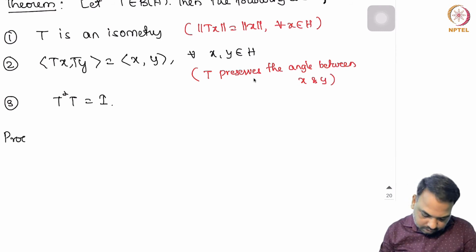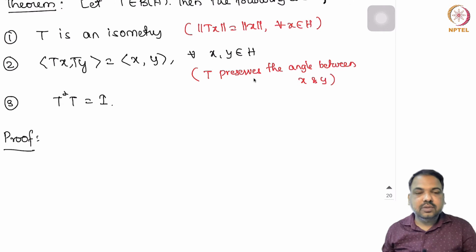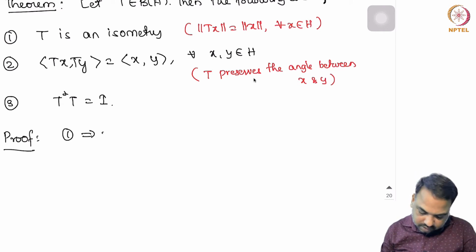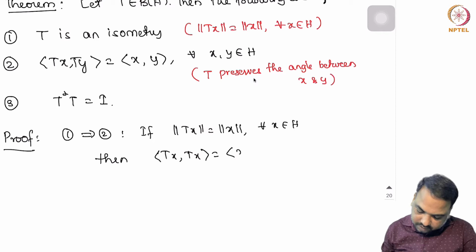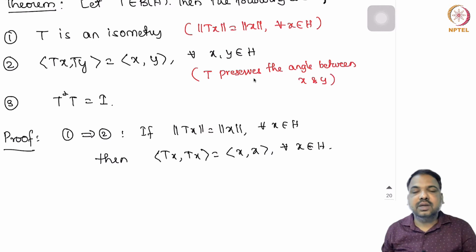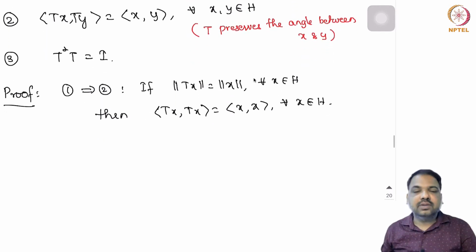Proof. Suppose T is an isometry. Let us try to prove 1 implies 2. If norm Tx equals norm x for every x in H, then squaring both sides we have inner product Tx with Tx equals inner product x with x for every x in H. From that we conclude that the inner product of Tx with itself equals the inner product of x with itself.